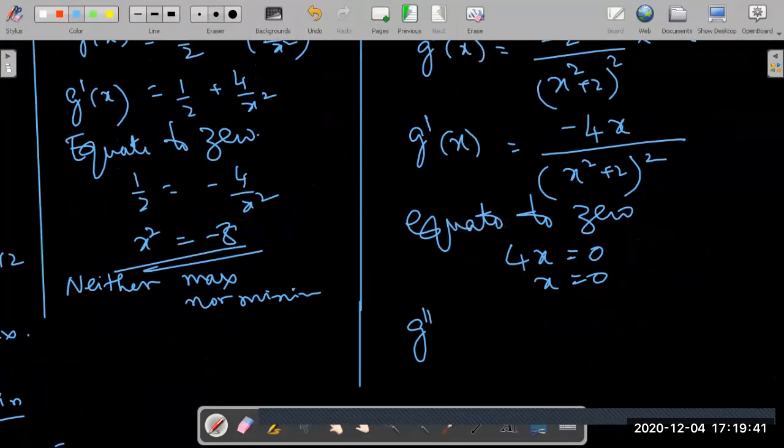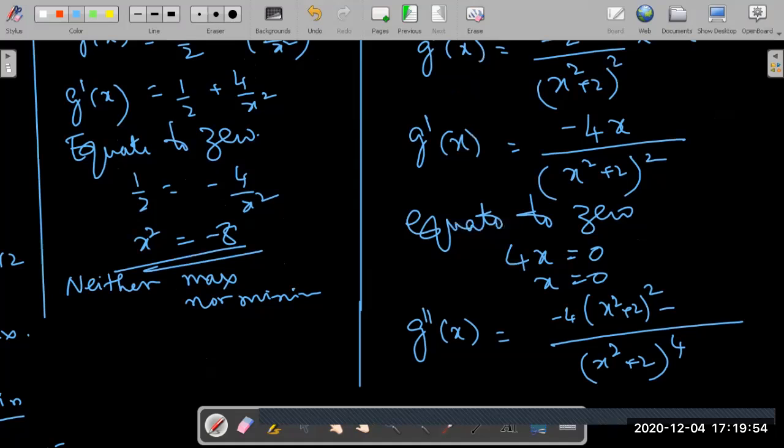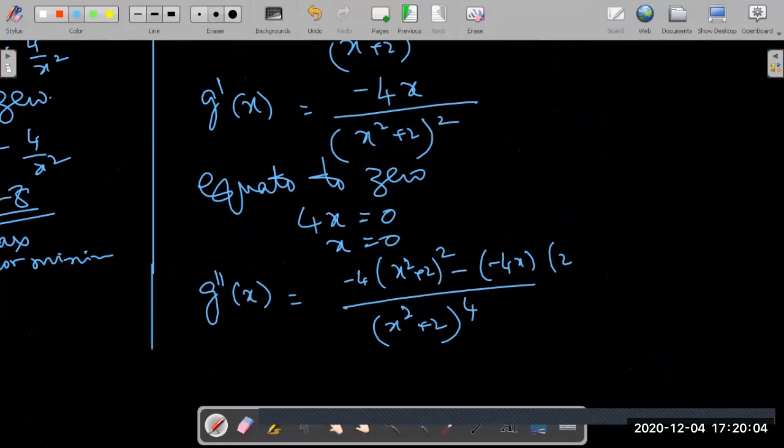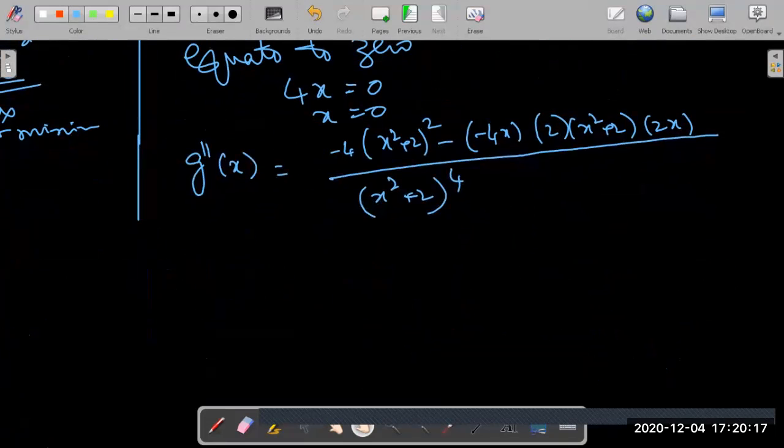So for g double dash x, u by v rule: (x squared plus 2) to the power of 4, u dash is minus 4 into v, which is (x squared plus 2) whole squared, minus u, which is minus 4x, into v dash, which is 2 into (x squared plus 2) into 2x. So here, did we do it correct? 2x, everything is correct. So this is what g dash x is.